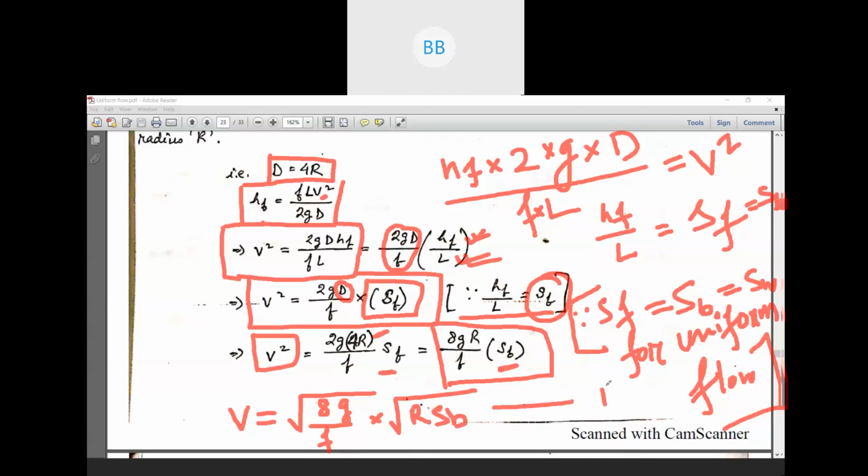So put it as equation number 1. The next line you write V is equal to, definitely this is square, so it will be under root. So we have separated 8g by f, and then we have separated R into SB. Why we have separated this, I'm telling you, in the next line.